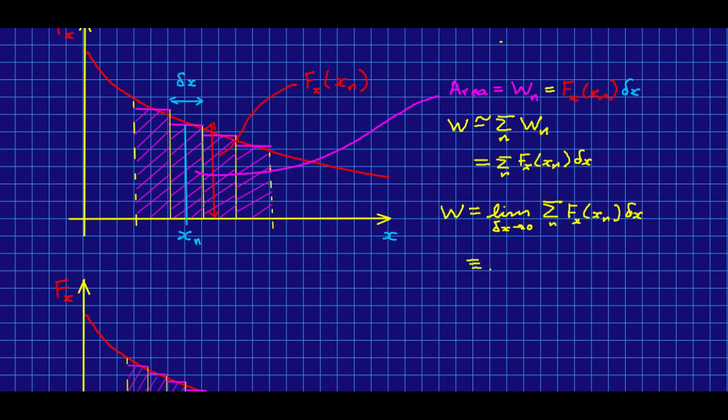And that is what we define as the integral from whatever x initial to x final we're talking about here, the integral of this force function with respect to x.